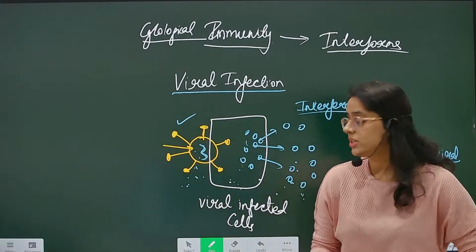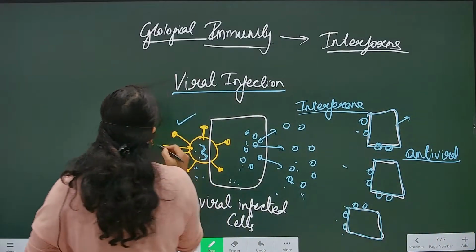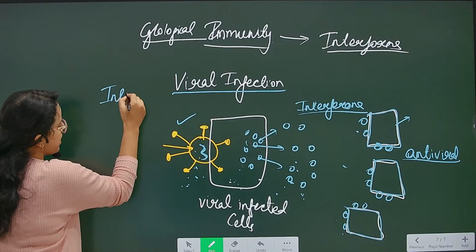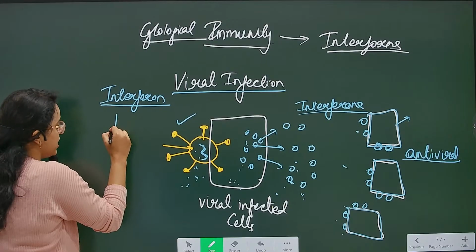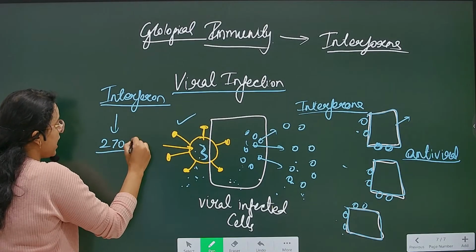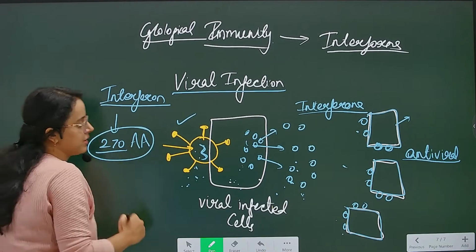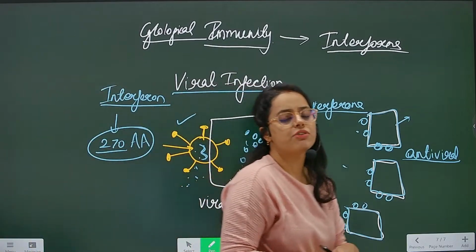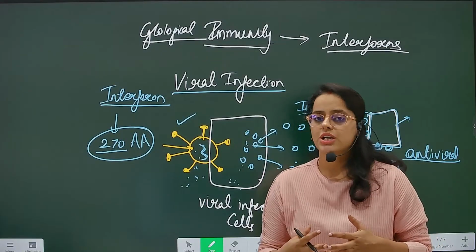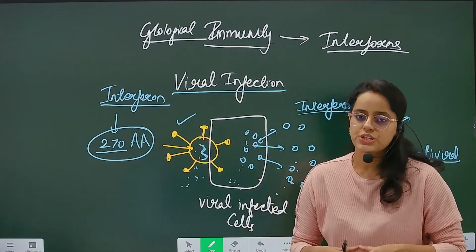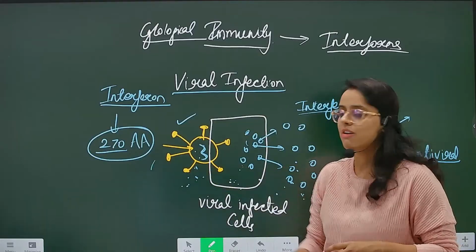So what are these interferons? Interferons are proteins which consist of 270 amino acids, and there is a different interferon structure for different viral particles. So interferons are basically for viruses.